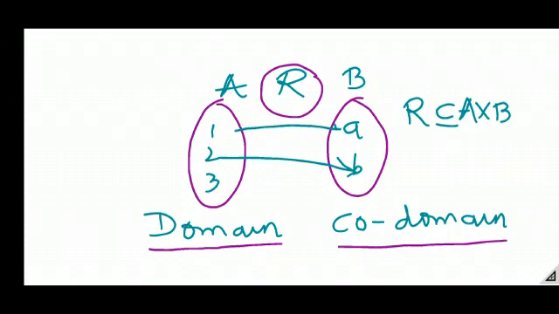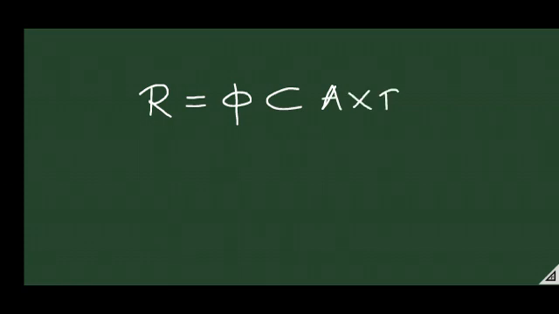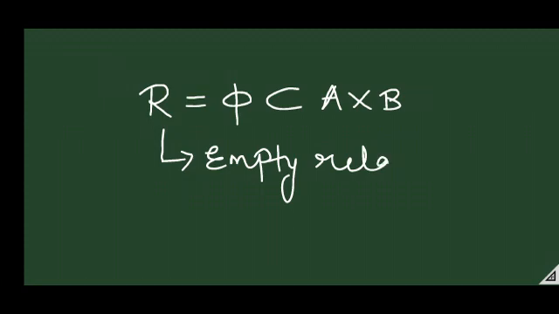Okay, now if I have a set of relation defined as R, and if it is not having any element which is connected from A to B, so definitely I will not have any element which is subset of A cross B. It means none of the element of A is related to any of the element of B. So if this is the case, then this kind of relation is called as empty relation.